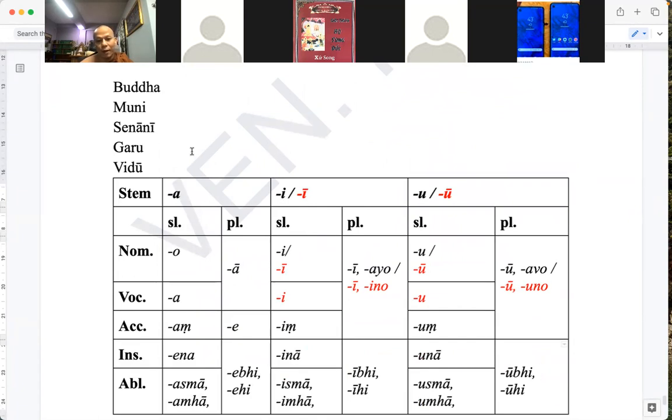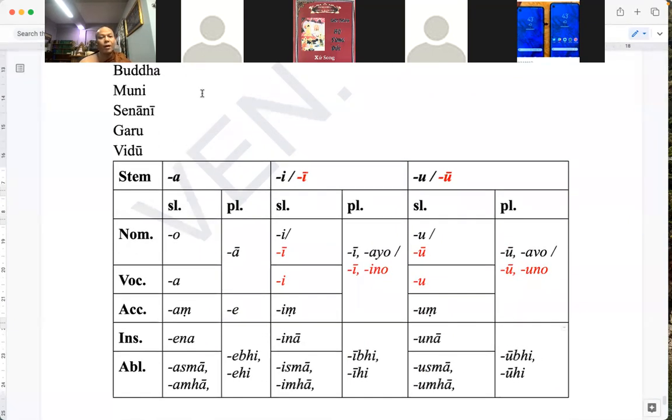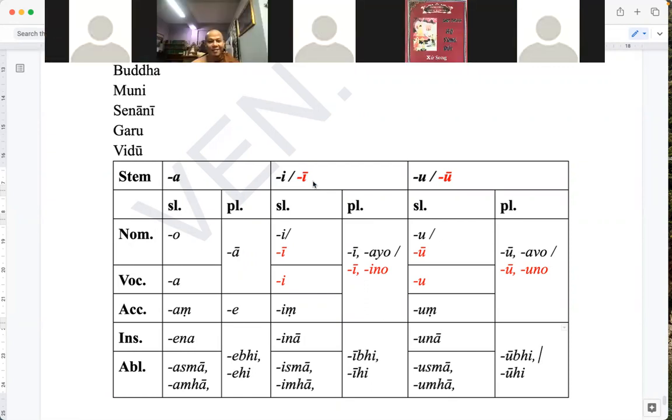So who is trying? Firstly, Buddha and Muni, one by one, if you want. Okay, Chen.